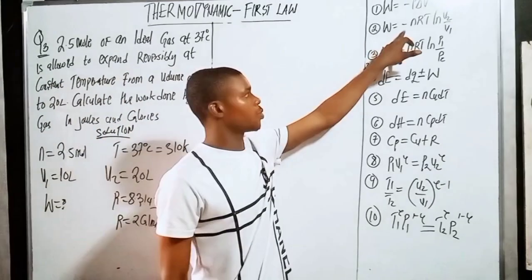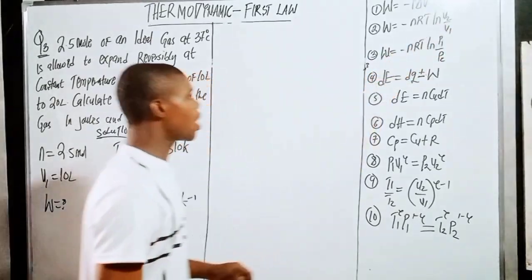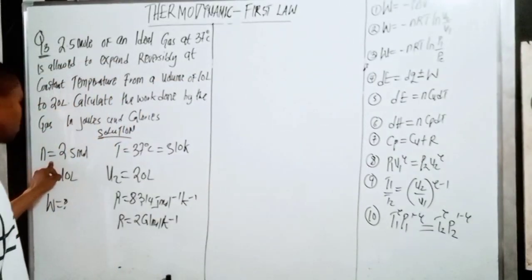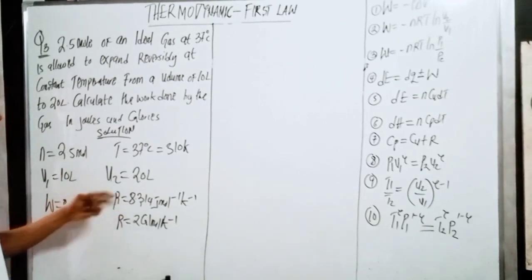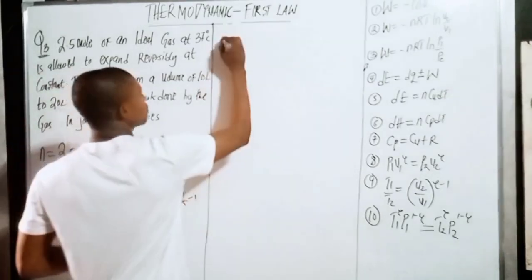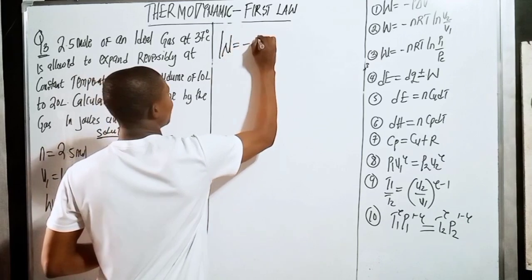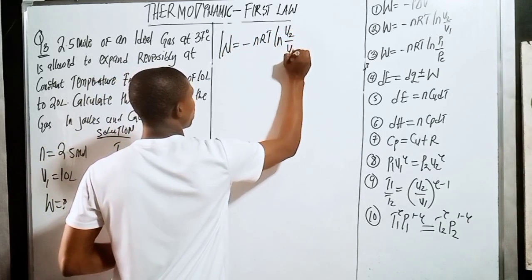W equals minus nRT ln(V2 over V1). Why? Because I have the moles, I have my R, I have my T, then I have my V1 and V2. So I'll say W equals minus nRT ln(V2 over V1), right?